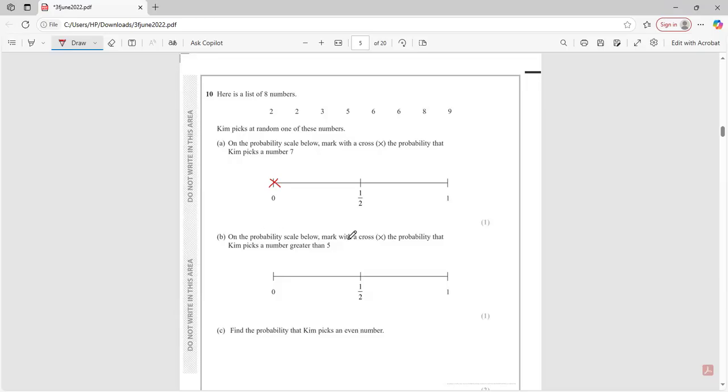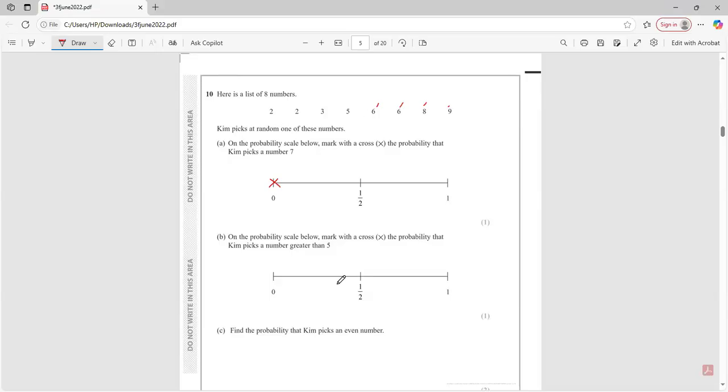Next, it says on the probability scale below, mark with a cross X the probability that Kim picks a number greater than 5. So my number of required events is how many numbers there are greater than 5. I have 1, 2, 3, and 4. And there are 8 numbers.